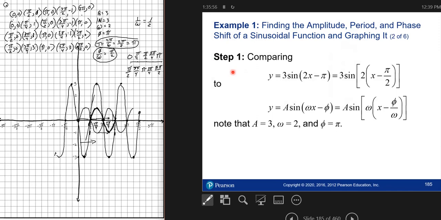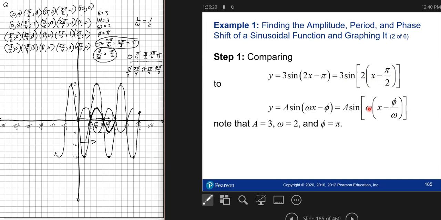And they look at it a little differently than I do. What they did here, they factored the 2 out of 2x and minus pi. So dividing each one of these by 2, that gave us x minus pi over 2 in here and omega out here.